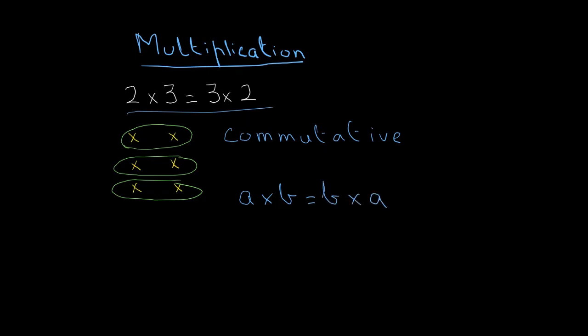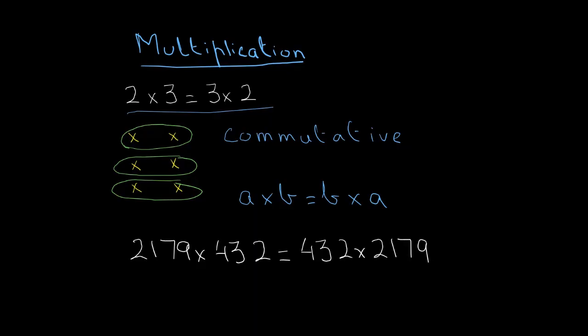So if you have a really large number, let's say 2179 multiplied by 432, I don't know what the answer is, but I know it's equal to 432 multiplied by 2179. This is true because of the commutative law, and you can prove it in general by using this simple picture. Okay, so this is the commutative law.